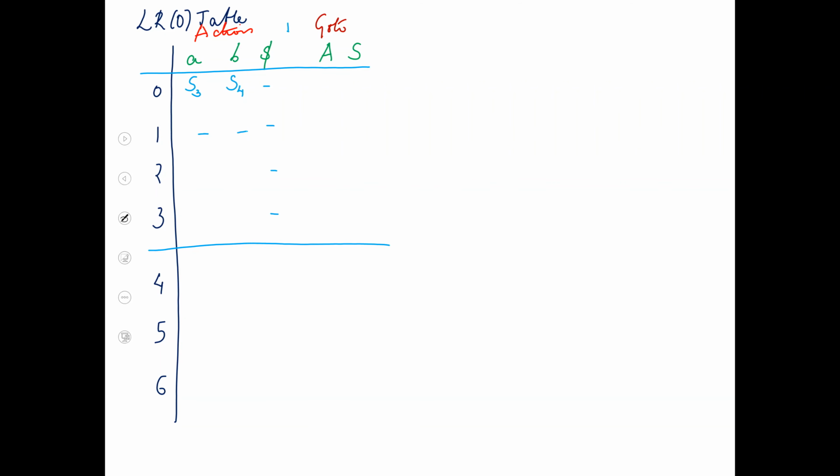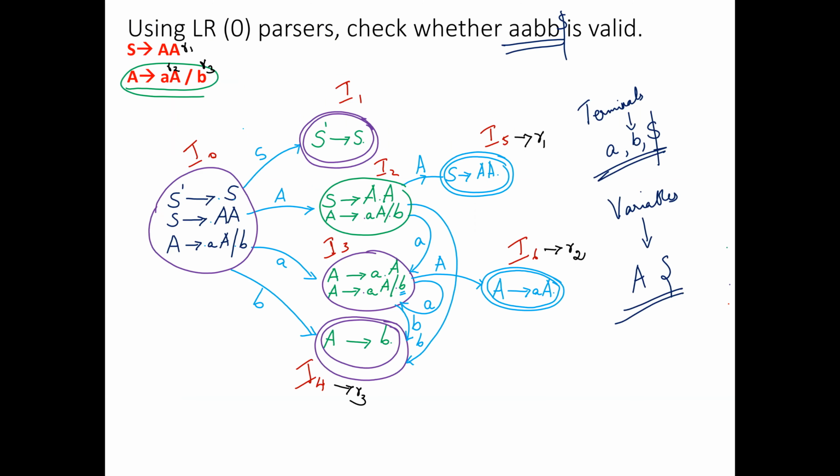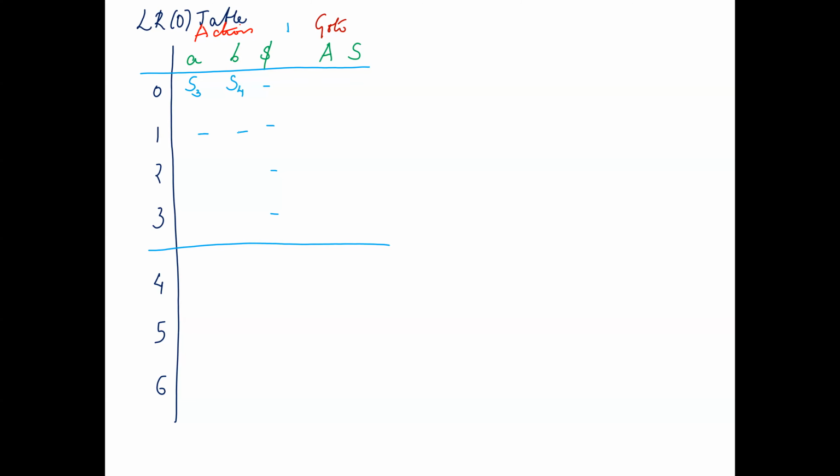Now 2 through small a, you are reaching 3, and 2 through small b, you are reaching 4. Okay, so I write over here S3 and S4.